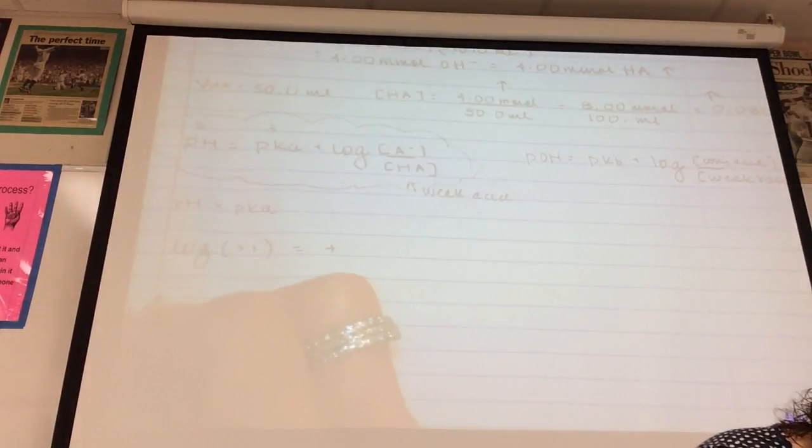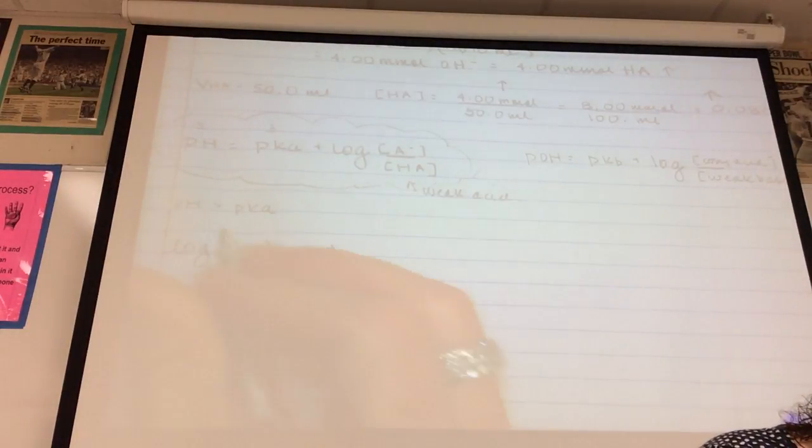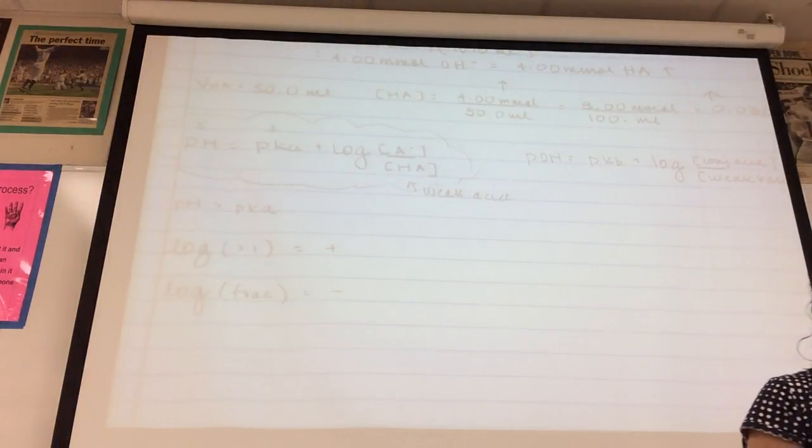Fine. The log of a fraction is a negative number, correct? So we know that the log of 4 is 0.602, and the log of 1 over 4 is negative 0.602. Yes? Okay?